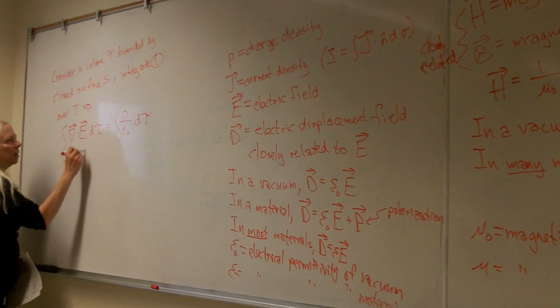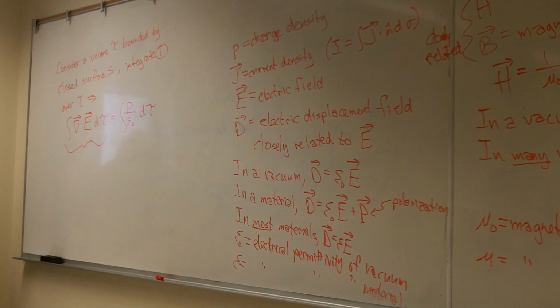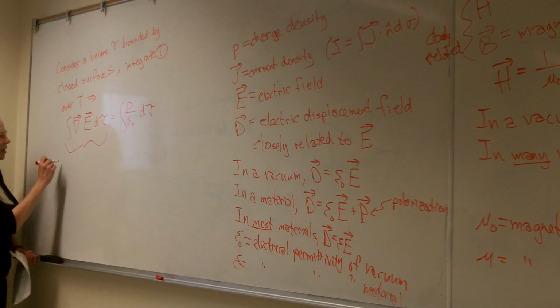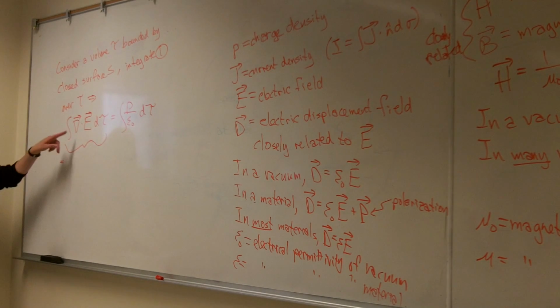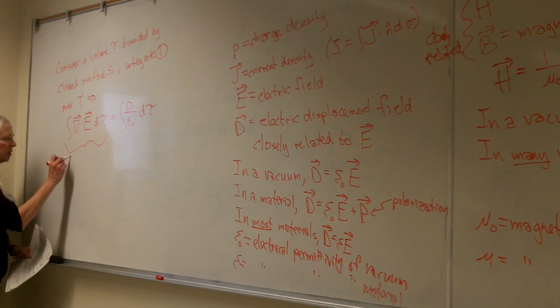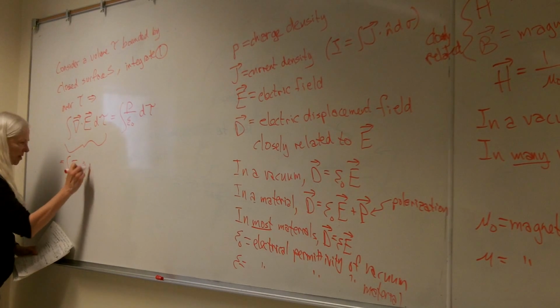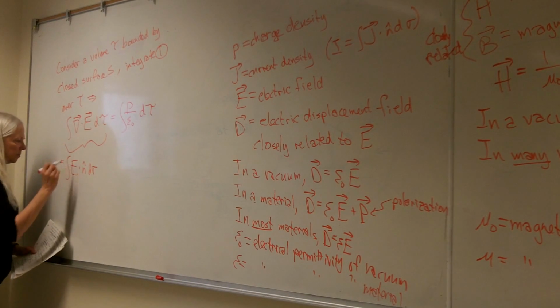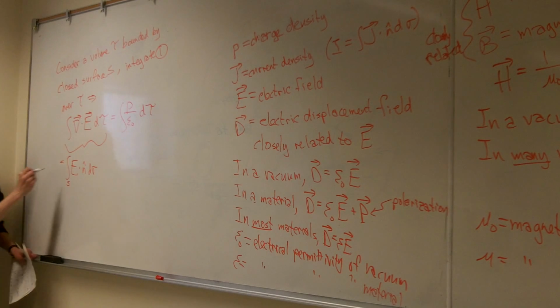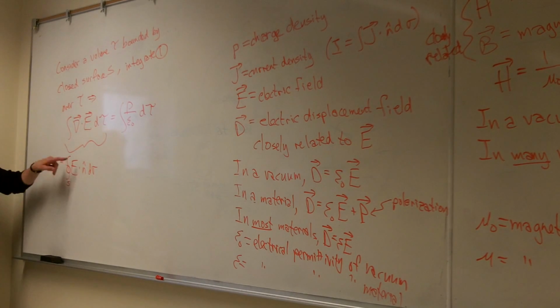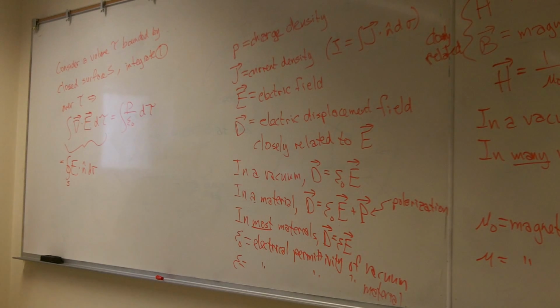Well, the left-hand side here looks like the left-hand side of the divergence theorem. The divergence theorem tells us whenever we have divergence of a vector field, E in this case, integrated over some volume, that this integral is equal to the integral of E dotted into n hat d sigma integrated over the surface S, closed surface, that forms the boundary of this volume tau.